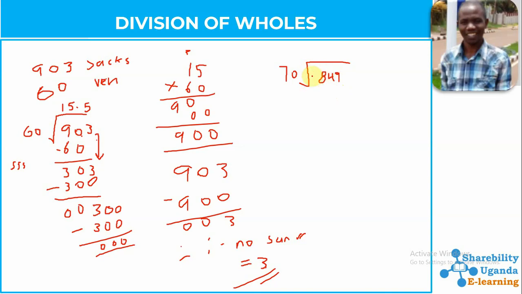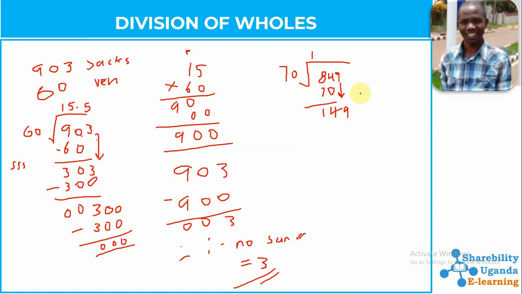So when we divide 849 by 70, we try 8 divided by 70, which is impossible, so we take 84 divided by 70. We try once, this is going to be 70. So we subtract, we are going to get 14. Then we add our 9, which is remaining here.